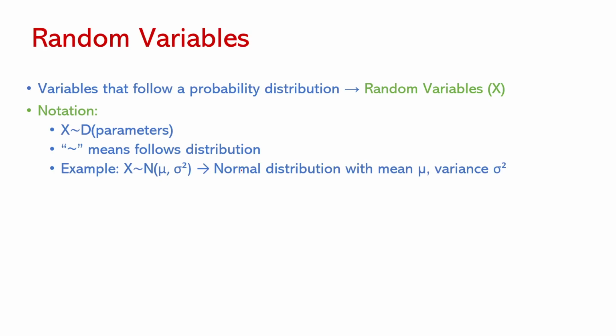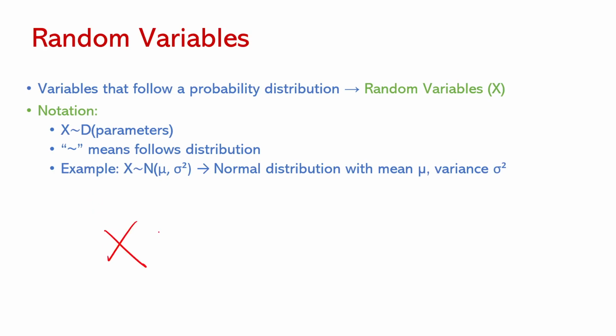Now with respect to probability distribution, we talk about an important concept called random variables. What is this random variable? Variables that follow a probability distribution are called random variables, right? Let us say just an example, we represent it like this.